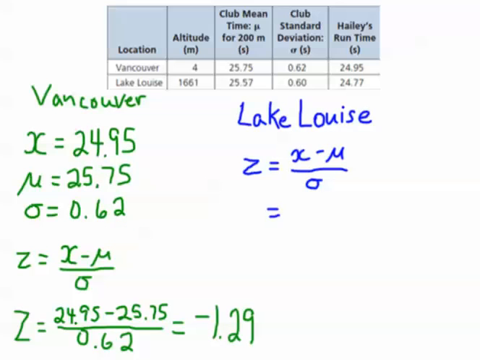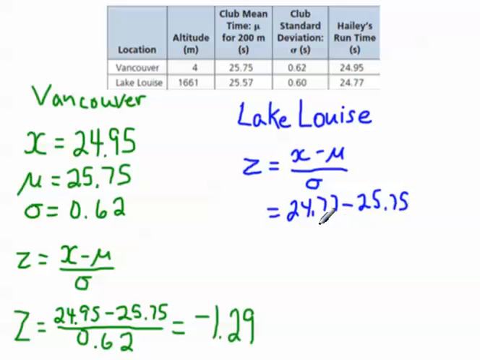So in Lake Louise, again, her time was 24.77, and we subtract the average, which was 25.75.